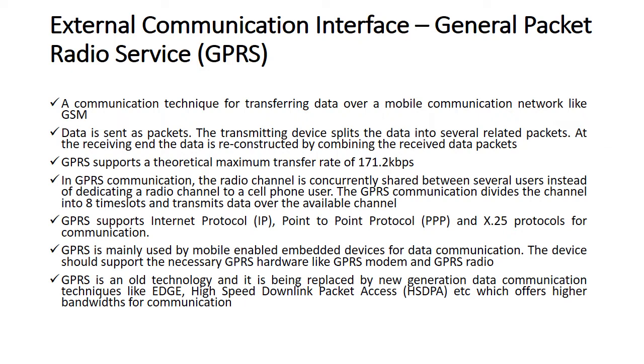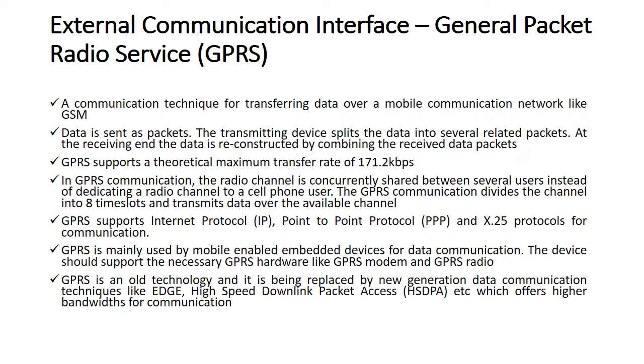GPRS supports a theoretical maximum transfer rate of 171.2 kilobits per second. In GPRS communication, the radio channel is concurrently shared between several users instead of dedicating a radio channel to a cell phone user.